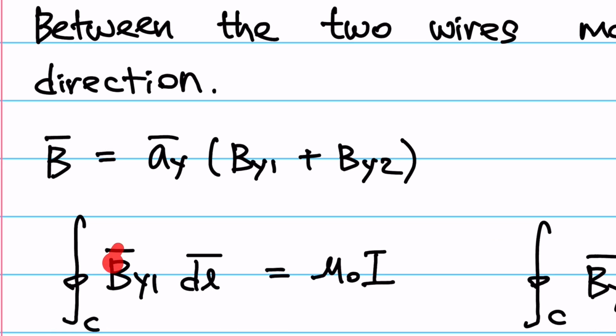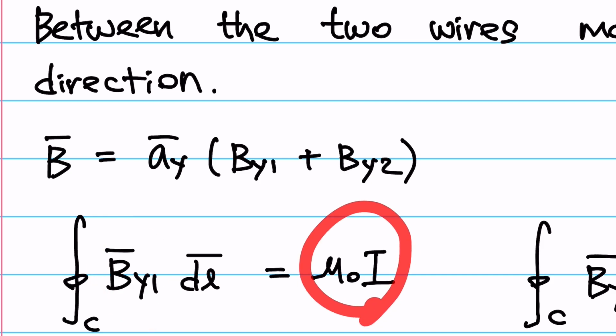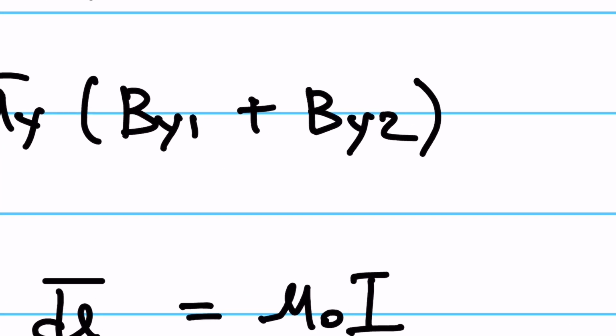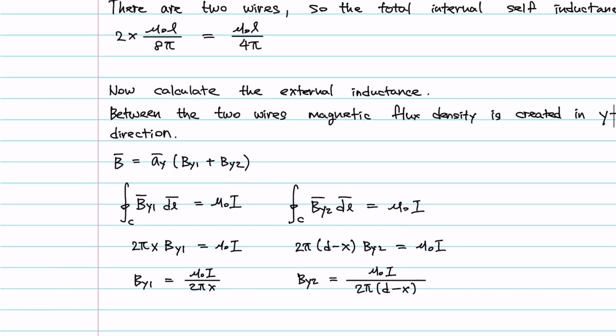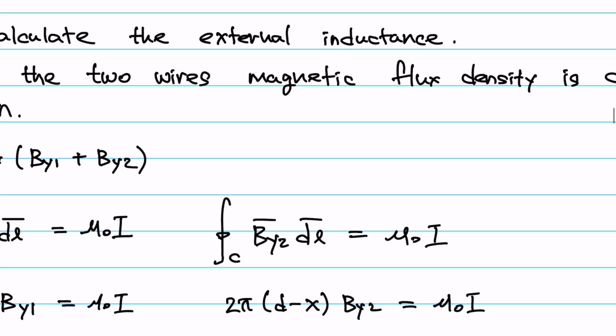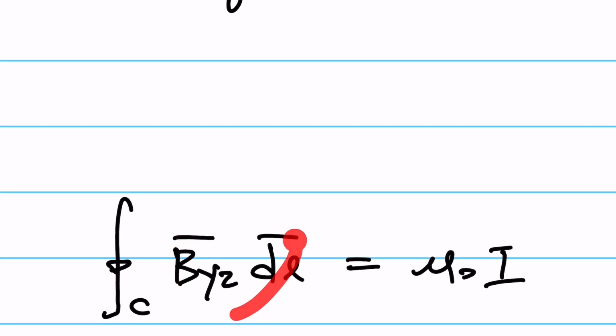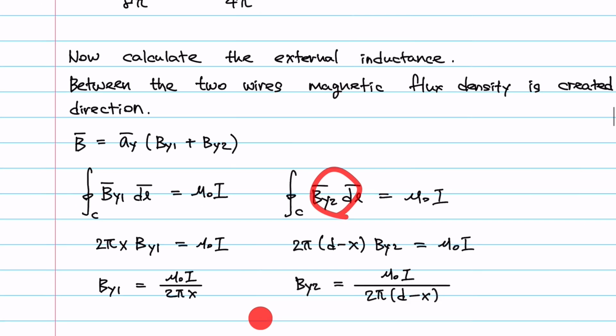If you circle around the first conductor, the magnetic flux density like this will equal the total amount of current enclosed in that circulation, which is I. The same thing happens for the second conductor. If you circle around the second conductor, the total amount of current enclosed is I as well.